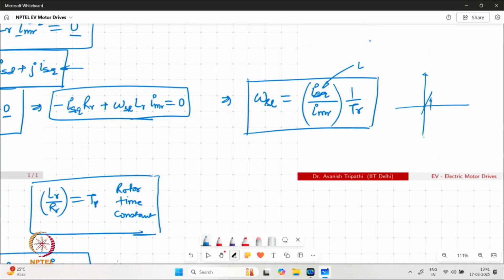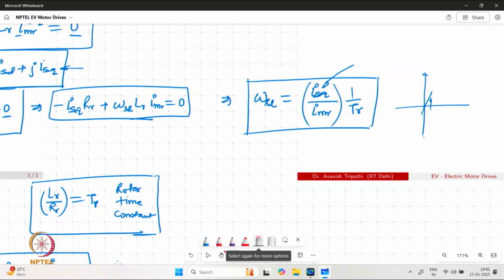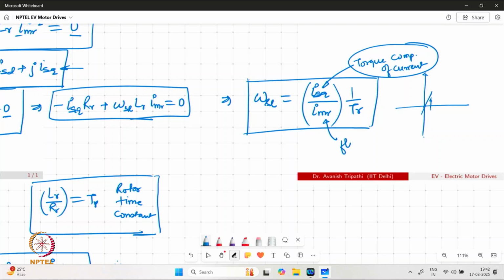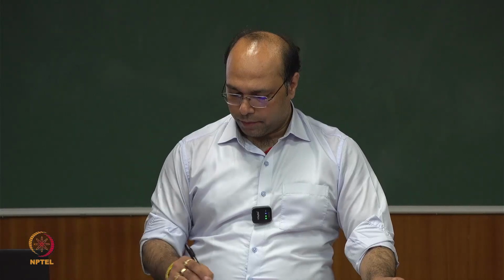So we can say that ISQ is basically representing the torque component of current, and IMR is basically representing the flux in the machine. So more the torque provided on the machine, more we are going to have the slip in the system. The slip speed is going to be more according to that.